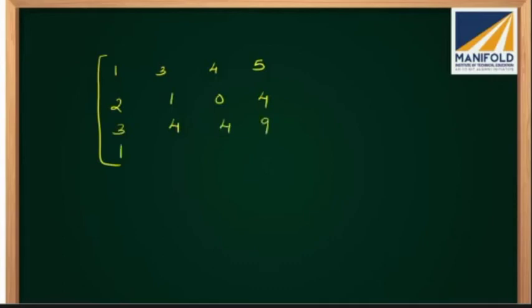Then the last one is 1, minus 2, minus 4, minus 1. You can try to find out the rank of this particular matrix and what is the span of this particular matrix. Which dimensional space will be spanned by this particular matrix. That you can do as homework.